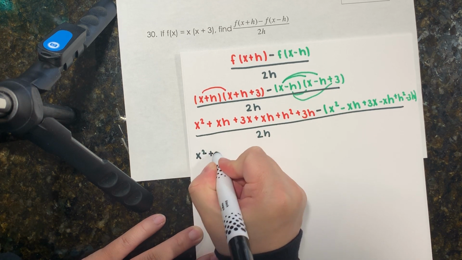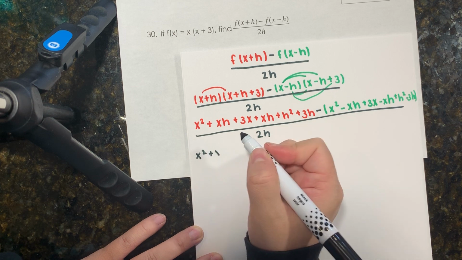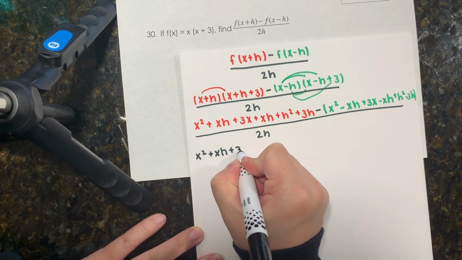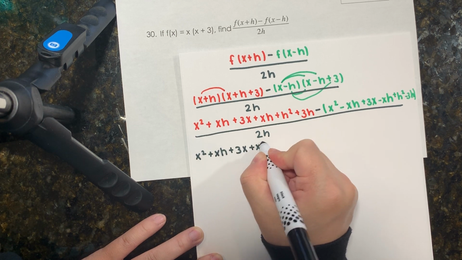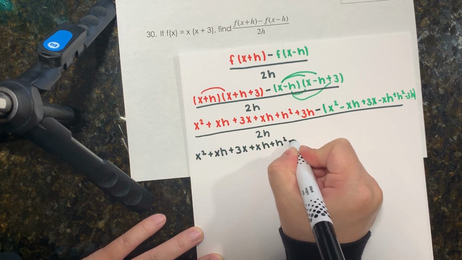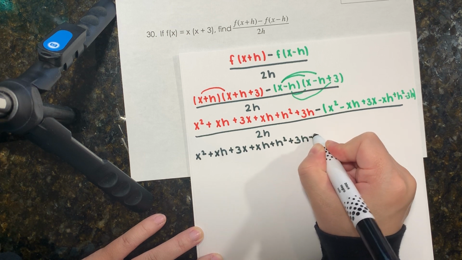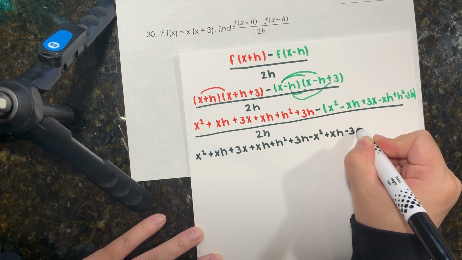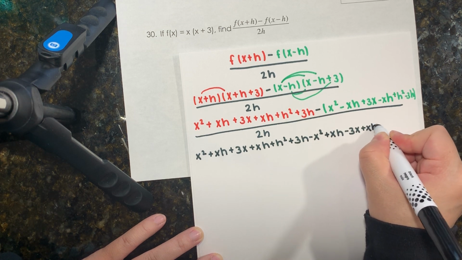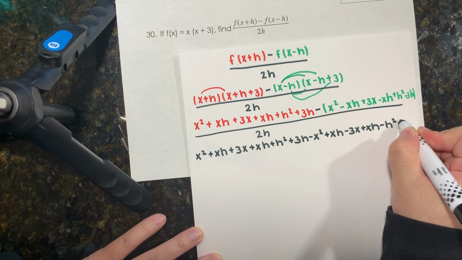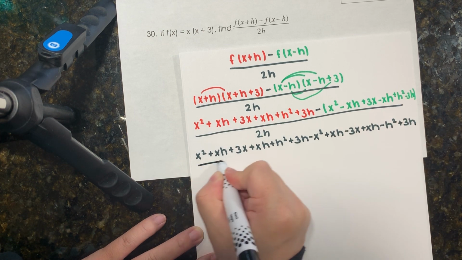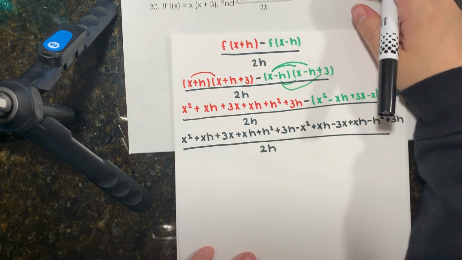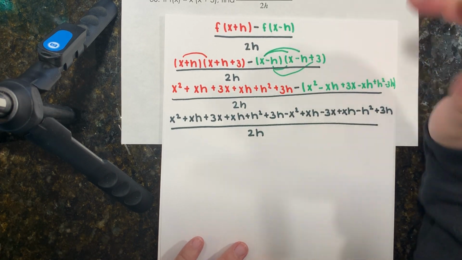So x squared plus xh plus 3x plus xh plus h squared plus 3h minus x squared plus xh minus 3x plus xh minus h squared plus 3h all over 2h. Now I could have combined things and I didn't. So now I'm going to combine things and cancel things.